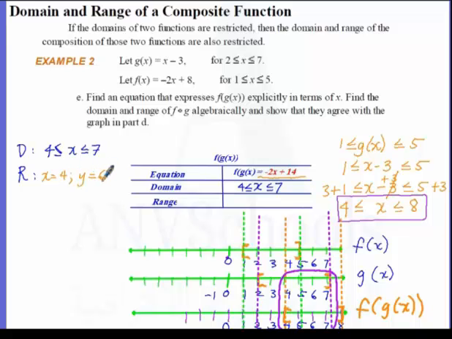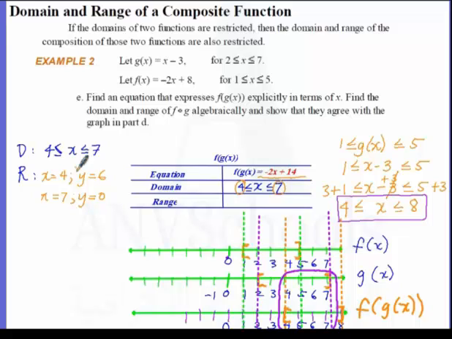If x is equal to 7, let's take a look at the limits. Okay, we have 4 and 7. If x is equal to 7, then our f of g of x would be equal to 0. Therefore, our range now would be taken from 0 to 6.